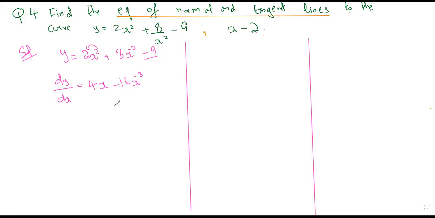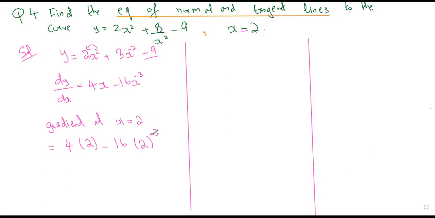Try to understand the relationship between the derivative and the gradient. I get the gradient at exactly this point by plugging in this x coordinate. So the gradient at x equals 2 is 4 into 2 minus 16 times 2 to the power minus 3. What is this exactly?